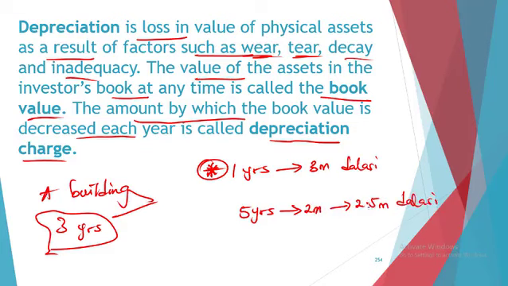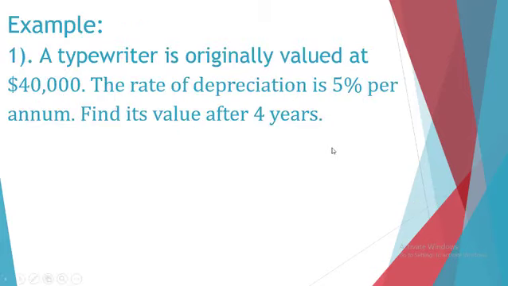Do you know why? The value of the building has depreciated to a reasonable extent. So until the building is renovated and properly taken care of, the value will not be appreciating. So let's quickly take some examples on depreciation.